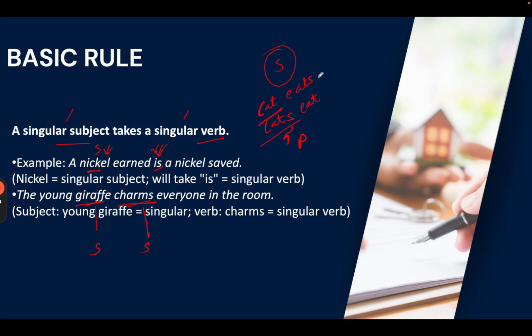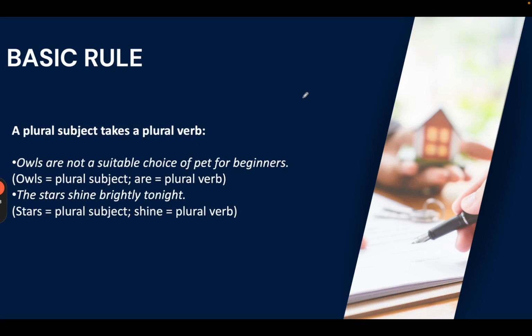But when it comes to verbs, we add an s to the singular form, that is "eats," which makes this verb singular. And when it comes to a plural subject, we remove the s from the verb, which makes it a plural verb. Now this works opposite. Like in a noun, we add an s to create a plural form, but when it comes to a verb, we add an s to create a singular form of the verb. Remember this.